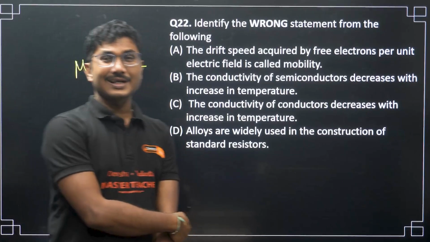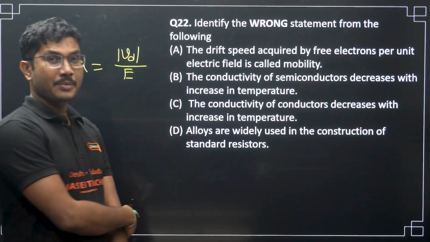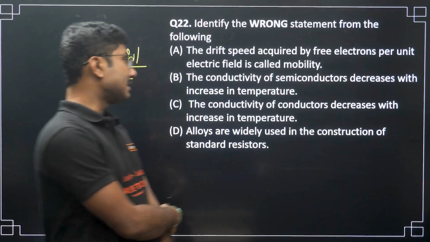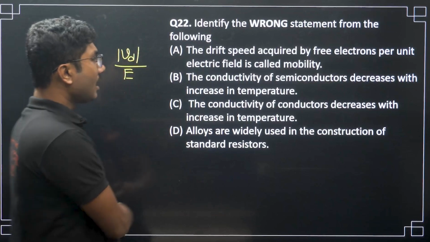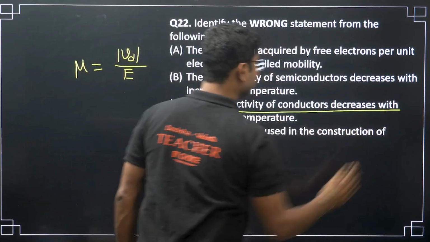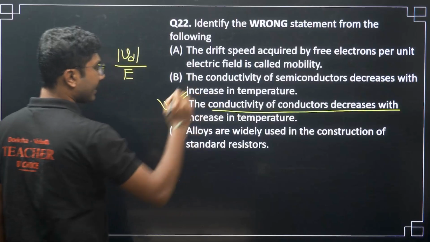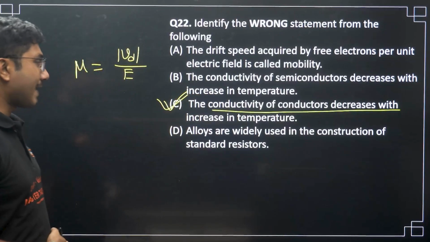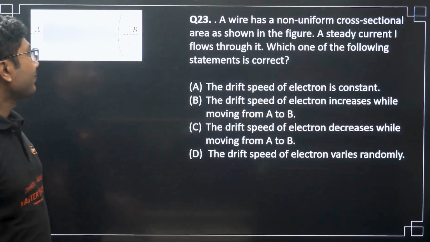Conductivity of semiconductors increases with increase in temperature. We have seen that the conductivity of conductors decreases with increase in temperature. This is the correct statement. Alloys are widely used in construction of standard resistors. Correct.